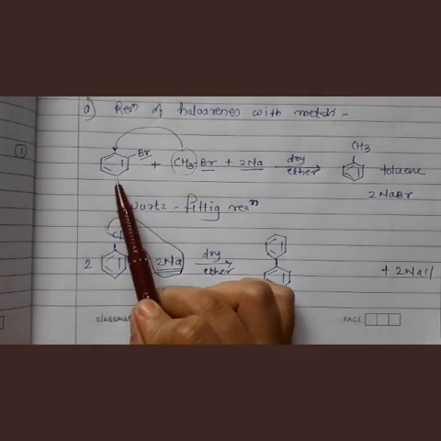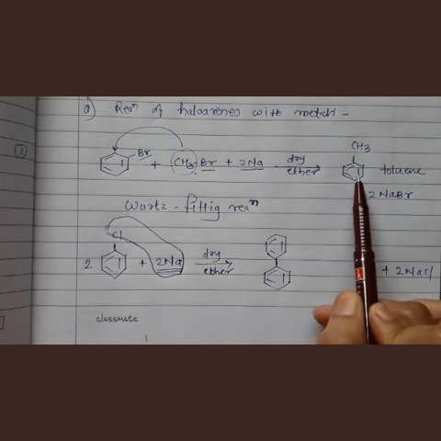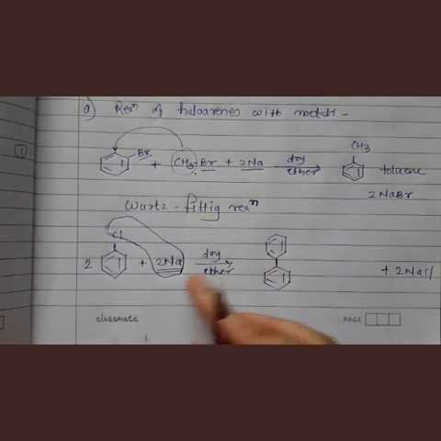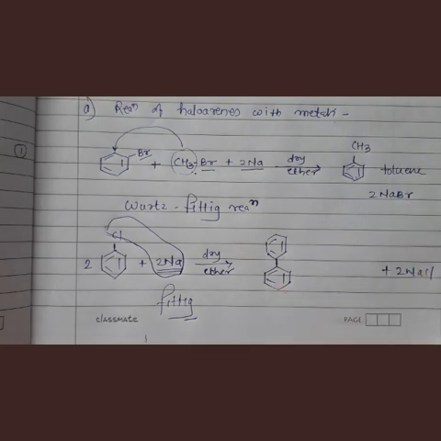And when aryl halide and alkyl halide both are present, we get a substituted aromatic compound, substituted benzene, and that is called the Wurtz-Fittig reaction. This is only Fittig. Understand? So this was the reaction of haloarenes with metals.